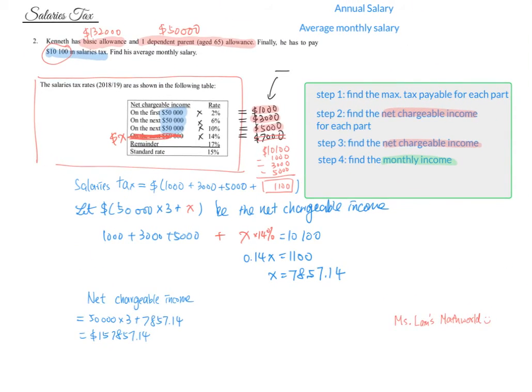Right now, don't forget that we have the basic allowance and the dependent parent allowance. When we want to find the income, remember we need to add the net chargeable income together with the total allowance. Then we can get the annual income. Divide by 12, then you can find the monthly income.